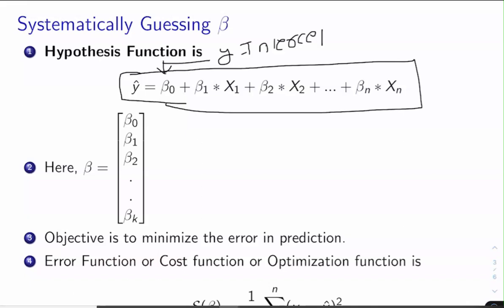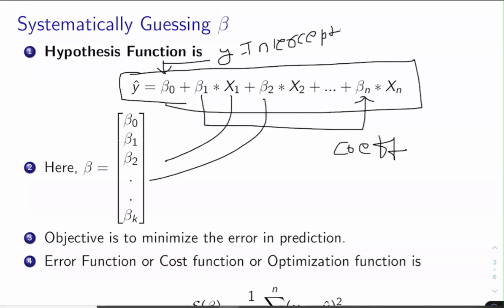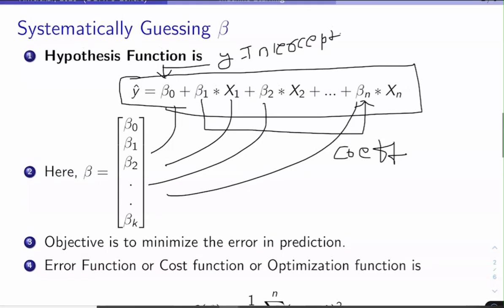We represent these coefficients in the format of a vector. This vector has k plus 1 rows and one column, so this is a column vector.